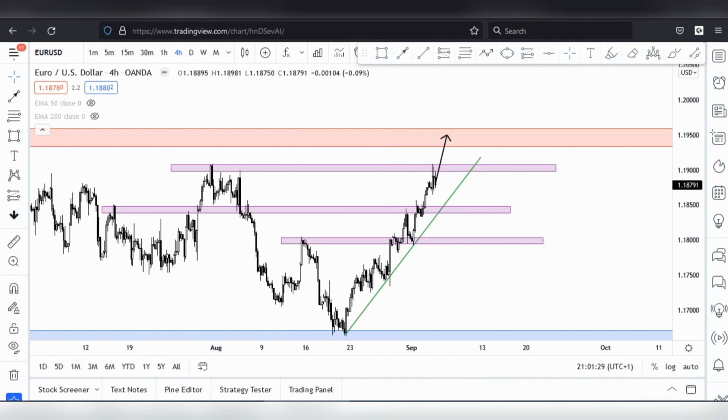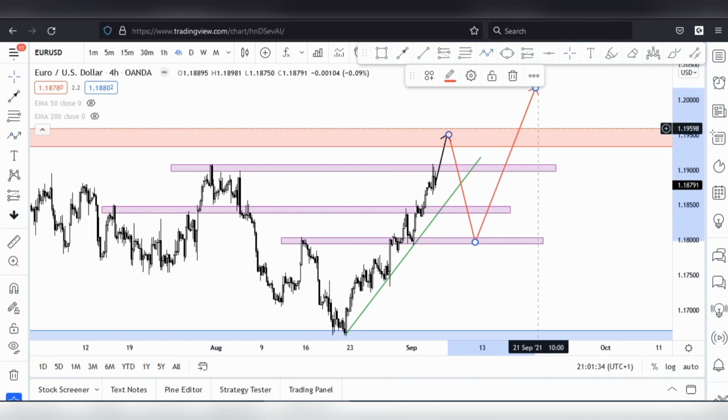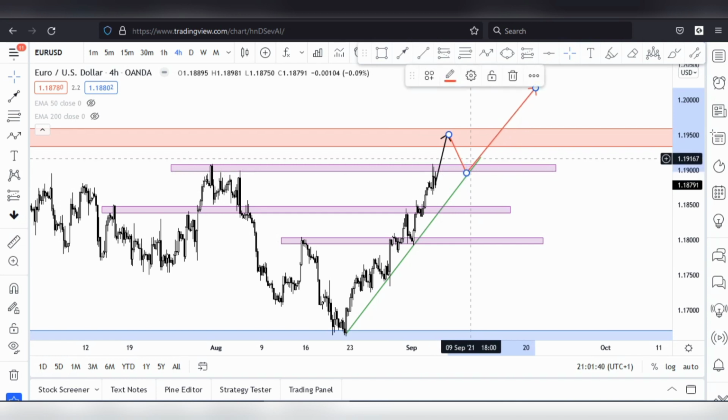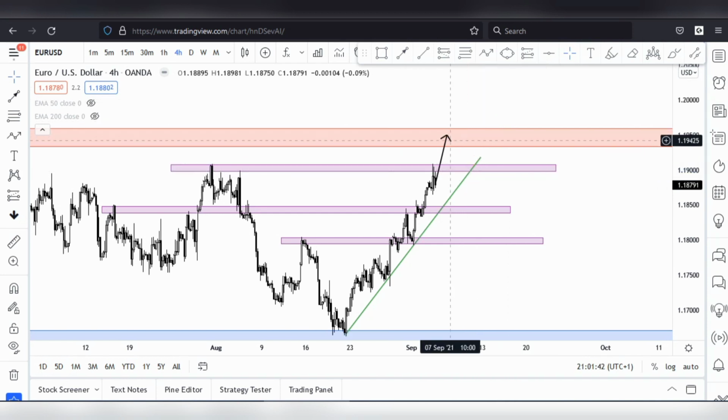So price can get all the way down here first before going up, or price can just make a little move down here before making its way to the top. So we just have to be careful and watch for how price reacts to these various levels over here. So this basically is my analysis for GBPUSD.